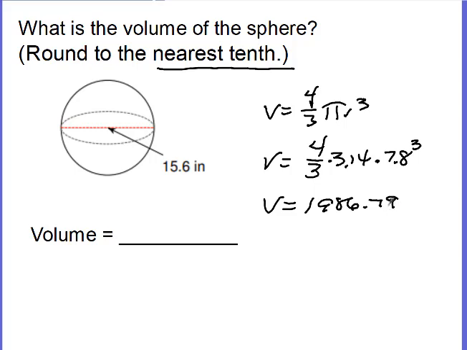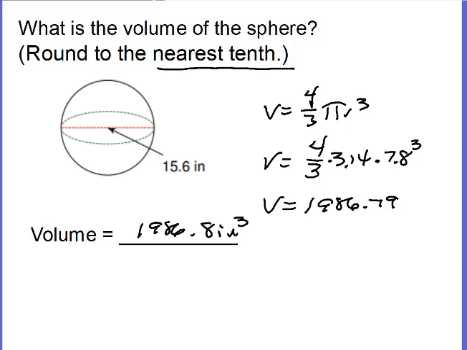Now this 9 is what I'm looking for in order to round to the nearest tenth. So it's the hundredths place. So this 9, if it's 5 or more, then I know I'm going to take this 7 and make it 1 more. So in this particular case, our volume would be 1986.8, and in this case, inches cubed, because we're still dealing with volume.